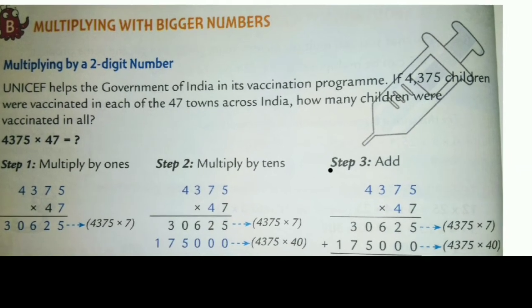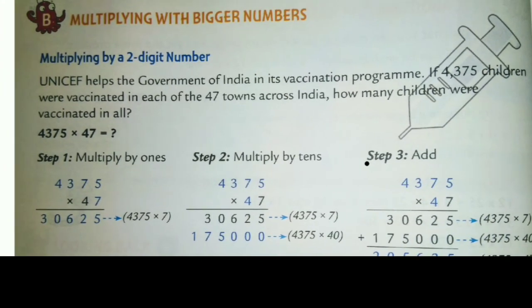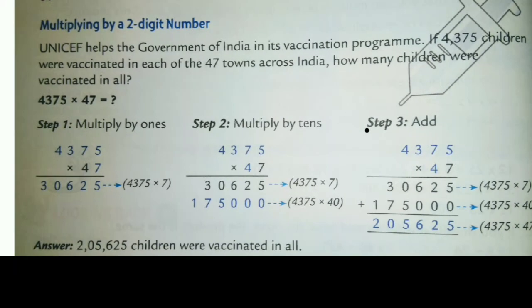Next topic, that is multiplying with bigger numbers. Clear? In this one we will multiply by a 2-digit number and a 3-digit number. See, 4375 multiplied by 47. 47 means a 2-digit number.